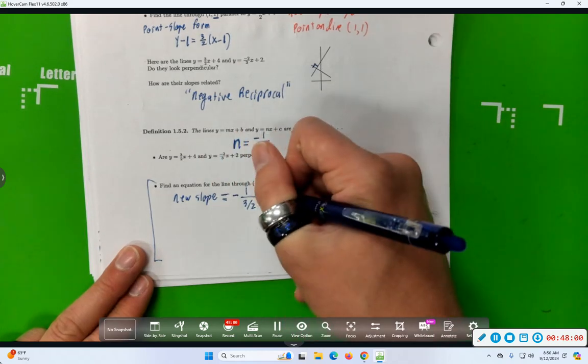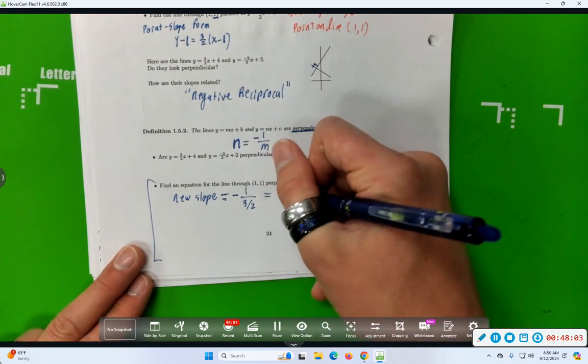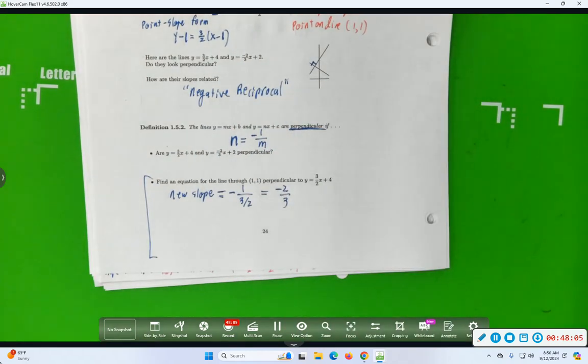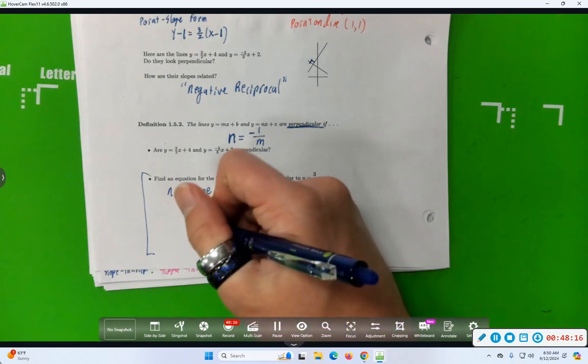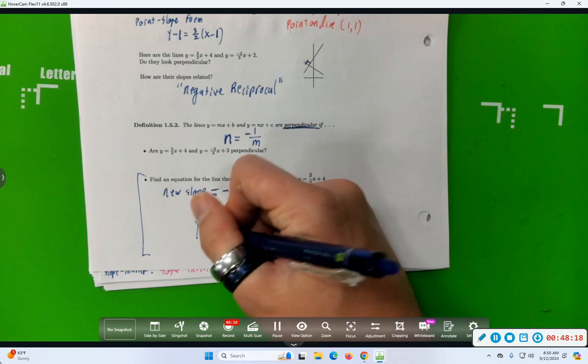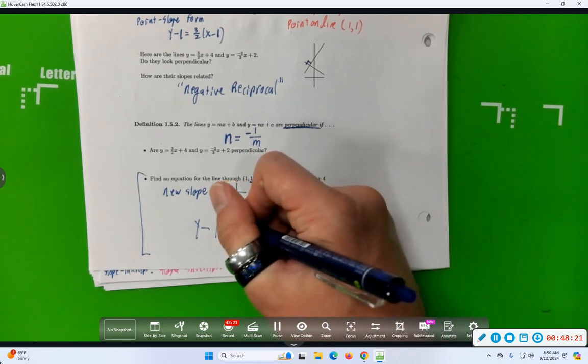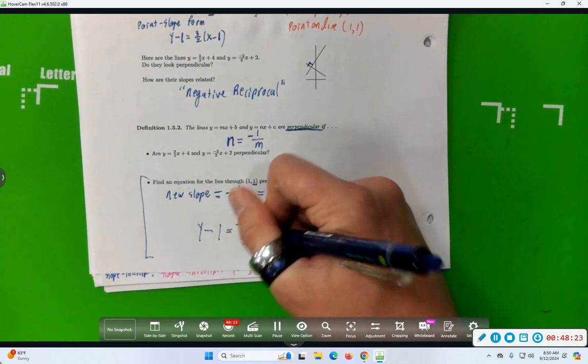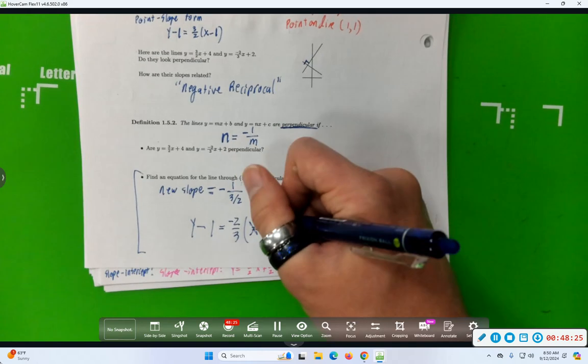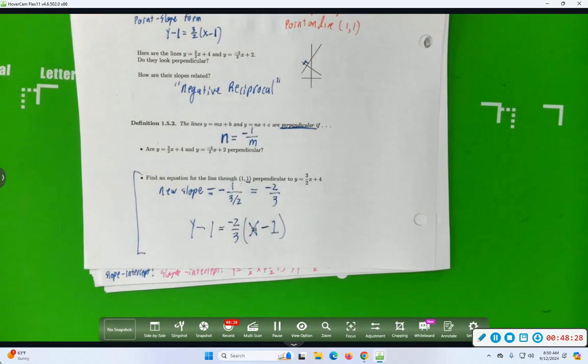And how do you divide by a fraction? You multiply by it, but upside down. So we have the new slope. Do we also have a point on the line? So are we basically done? Yeah. y minus y0 is equal to slope times x minus x0. Feel pretty okay? All right.